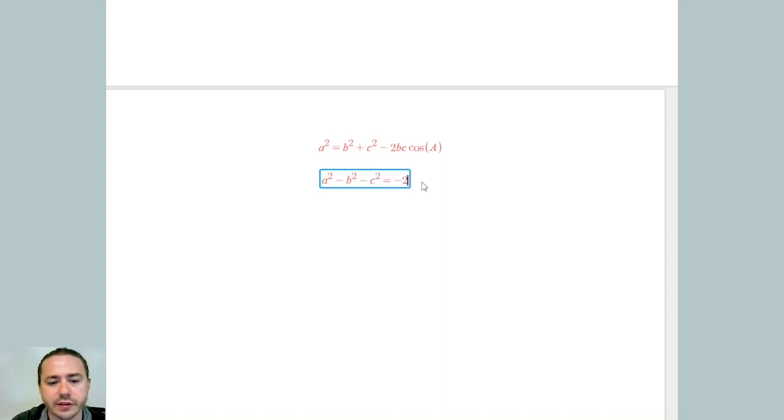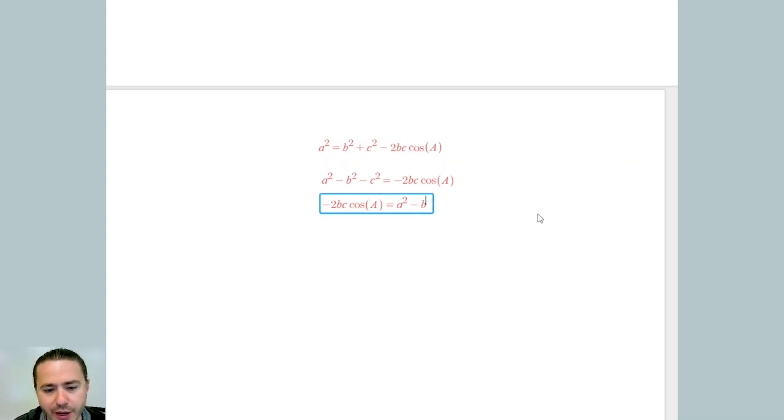Since I'm trying to solve for cosine A here, I'm going to move this to the left side and move this to the right side. It's always a good idea to have the variable you're trying to isolate on the left-hand side. I'm not really doing anything algebraic here, just moving around the equation.